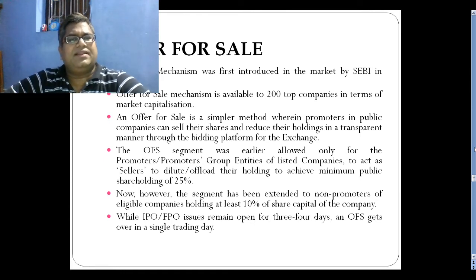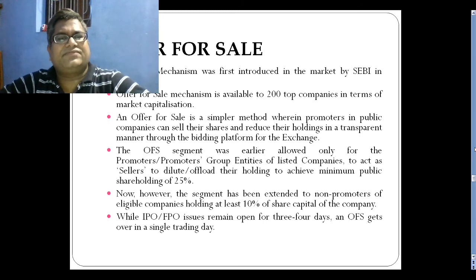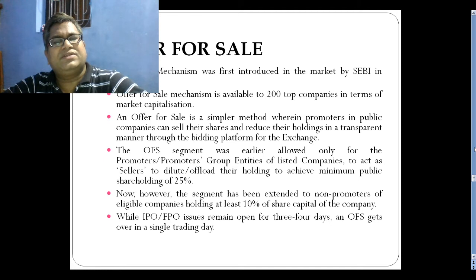Offer for sale is also a mechanism introduced by SEBI in 2012, and this mechanism is useful only for the top 200 companies.